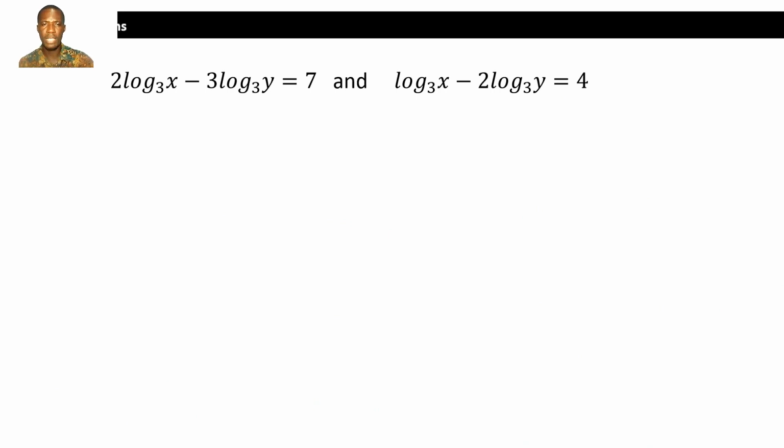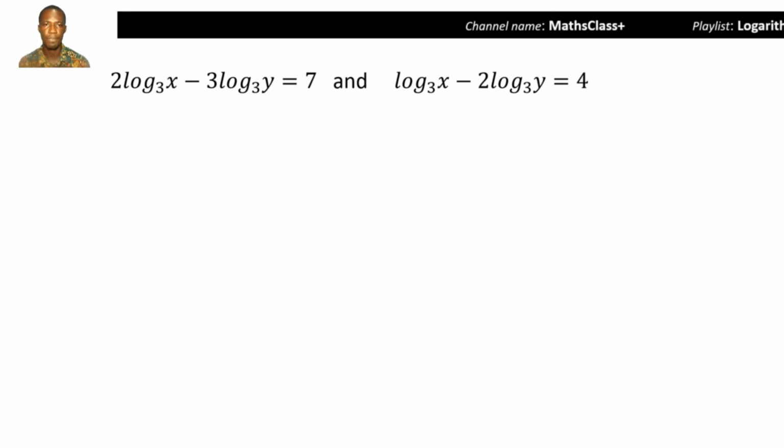Okay, so we have our second example. We have 2 log x to the base 3 minus 3 log y to the base 3 is equal to 7. That should be our equation 1. And we have log x to the base 3 minus 2 log y to the base 3 also equal to 4. Now, when we look at the two equations, you realize that we have two similar expressions.